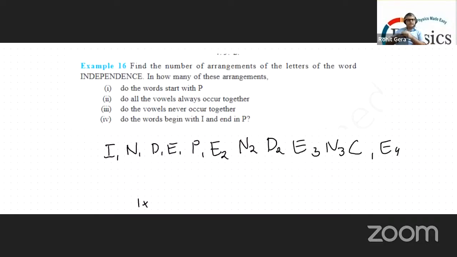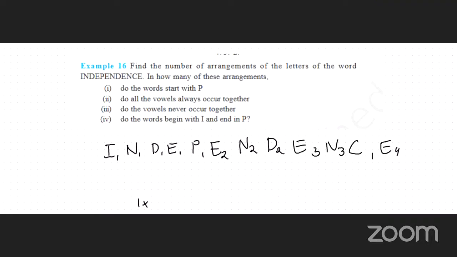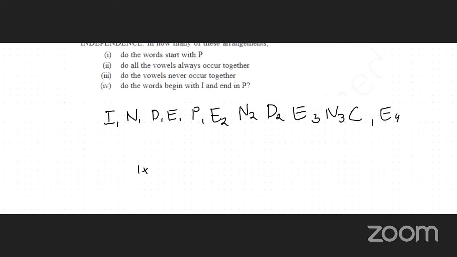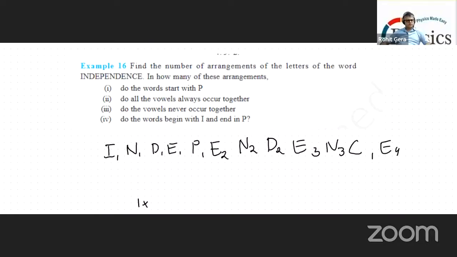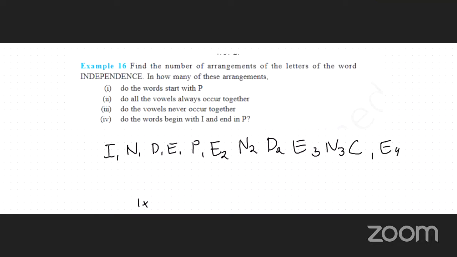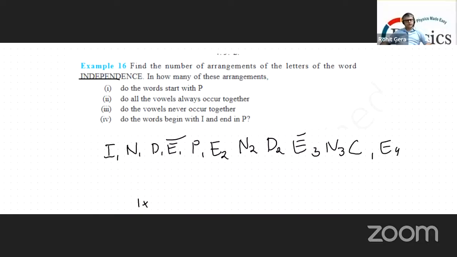So you want to start with P. So you have only one choice to start with. Okay, 1 into 14 factorial. So you're saying he is distinguishing between E1, E2. No, you can't distinguish between two E's.